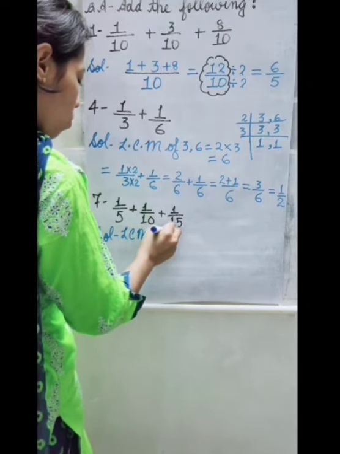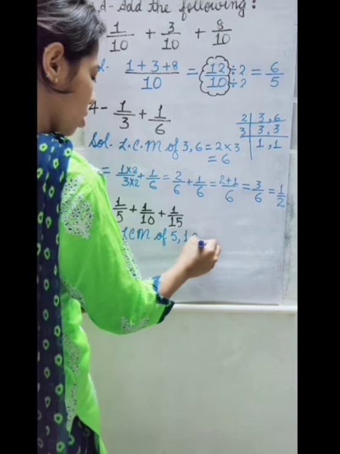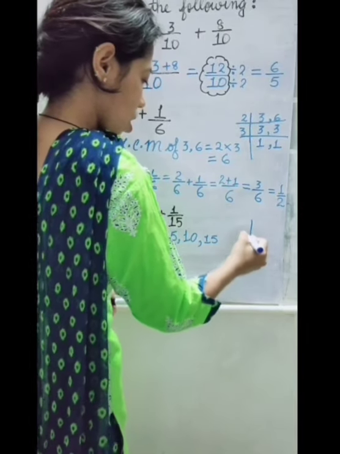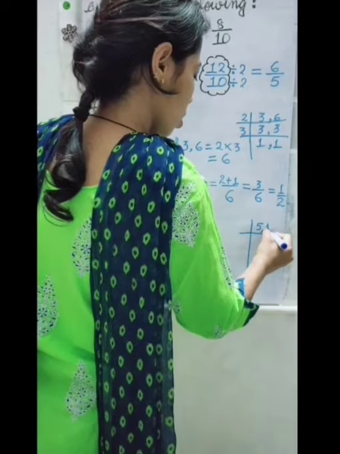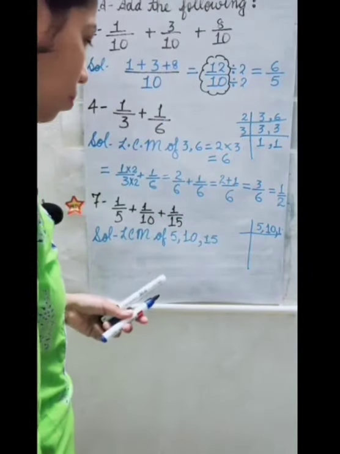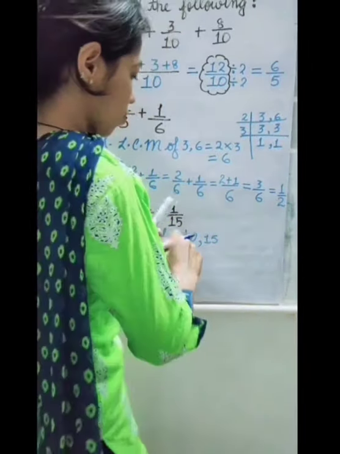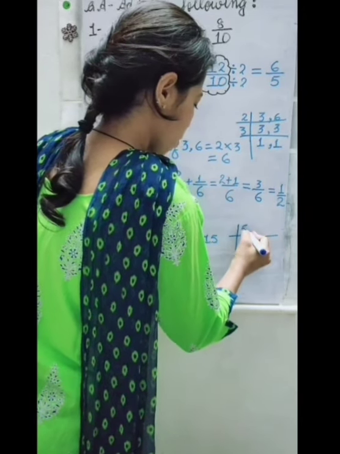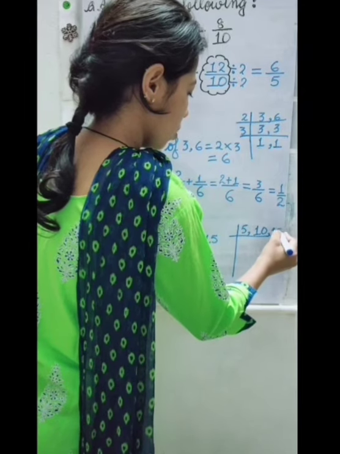LCM of 5, 10, 15, and the method is this: 5, 10, 15.